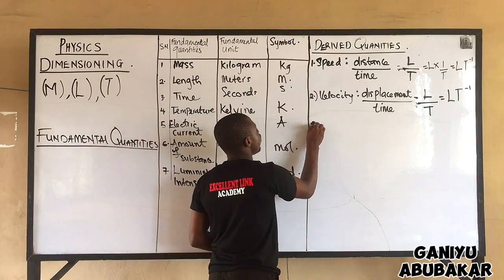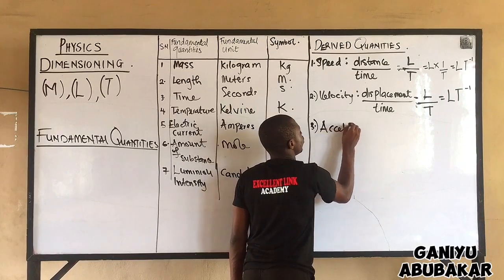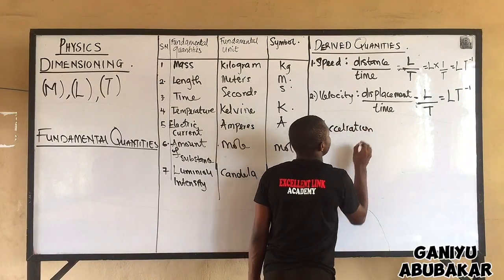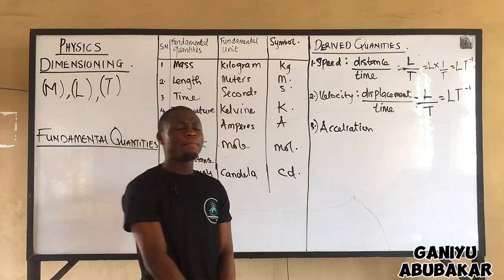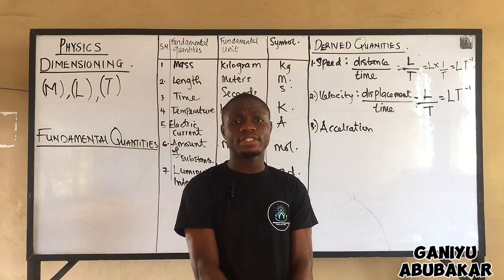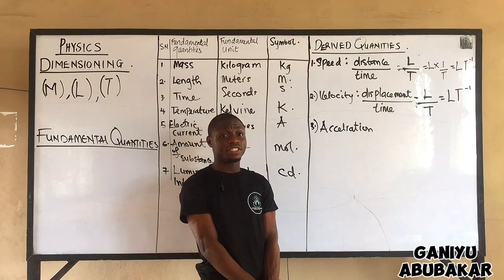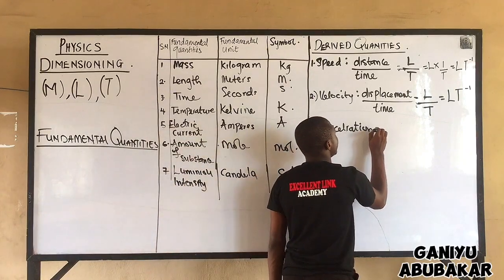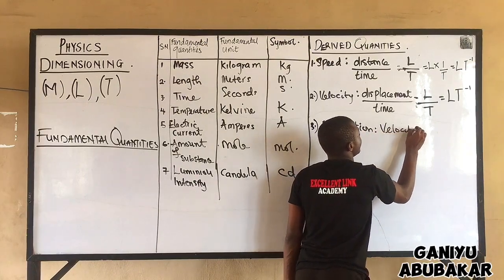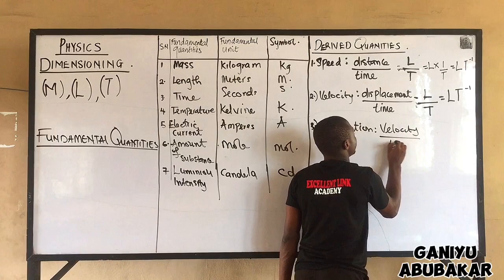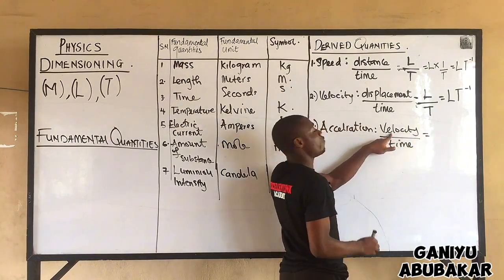For number 3, I called acceleration. So what's acceleration? By mathematical sense, acceleration is simply the rate of change of velocity. So we're saying that velocity all over time taken is simply the acceleration. What's the dimension for velocity?